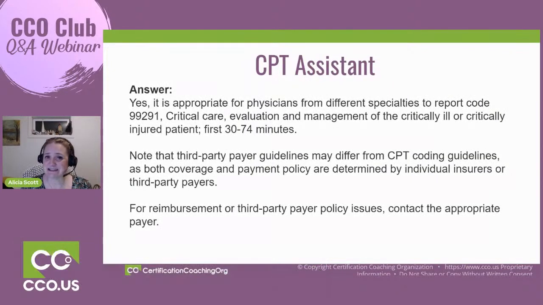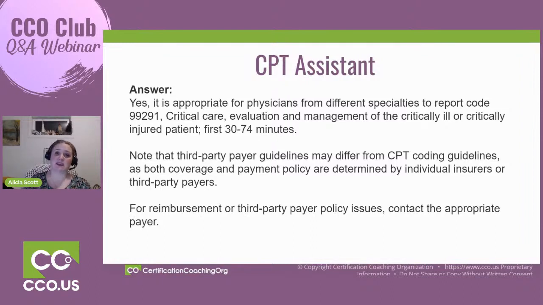So CPT Assistant went on to say, yes, it's appropriate for physicians from different specialties to report the code, critical care E&M for critical care or critically injured patients, first 30 to 74 minutes. And note that there are some third-party payer guidelines that are going to differ from the CPT guidelines.